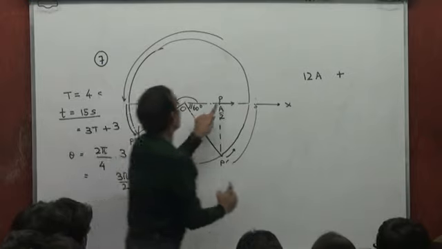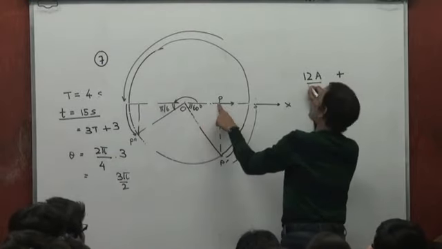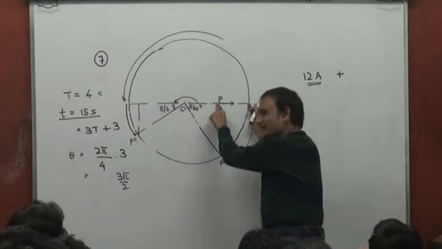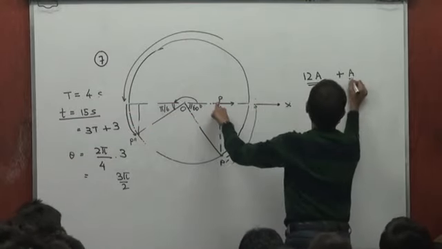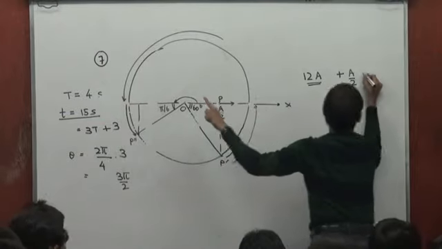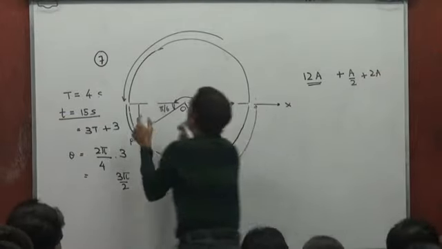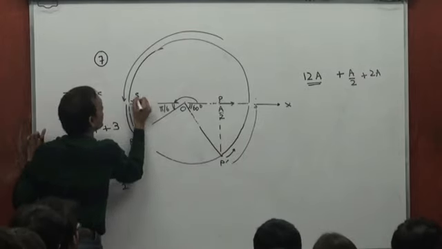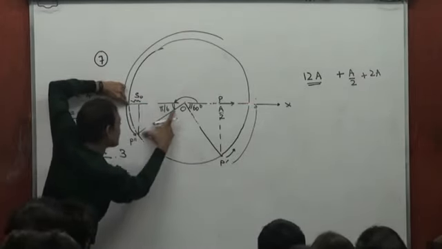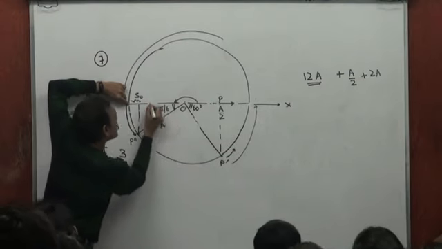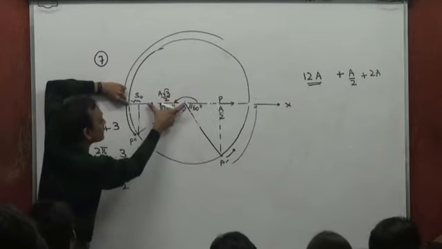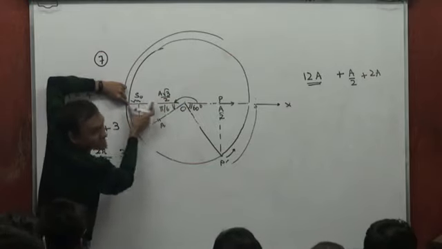So then, by the time it's at P, it has already done 12A, right? And then it does this. This is another A by 2, right? And then it does this, which is 2A. And then it does this residual amount S naught. And this residual amount S naught, by the way, this is A. This length is A root 3 by 2, A cos 30 degrees. And therefore, this length is A minus A root 3 by 2.